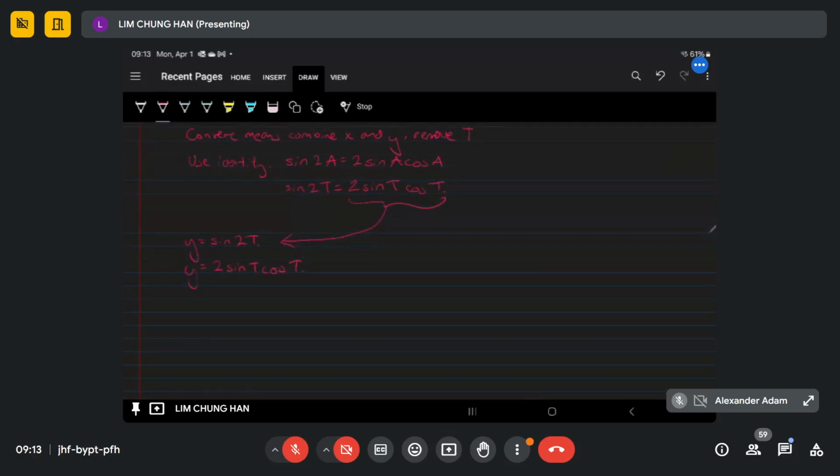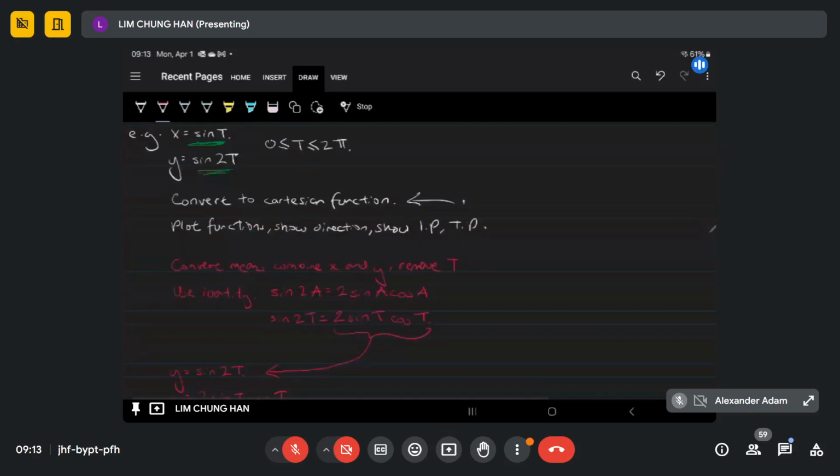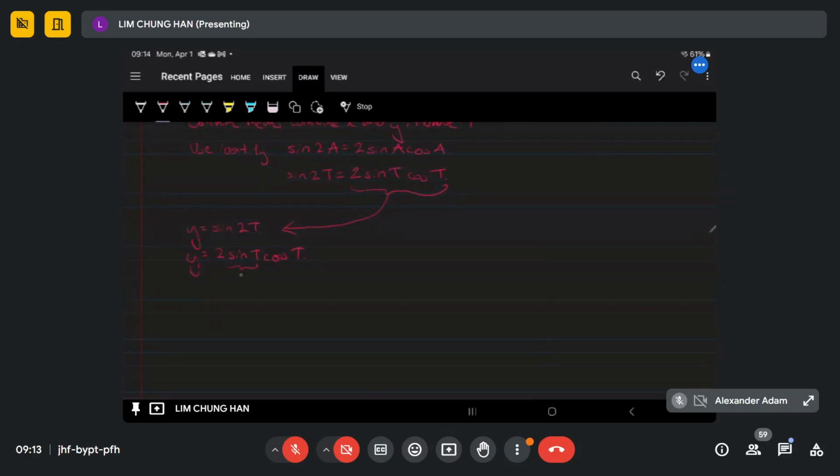Now I know x is equal to sine t, so I can replace sine t with x. So it's 2x cos t.